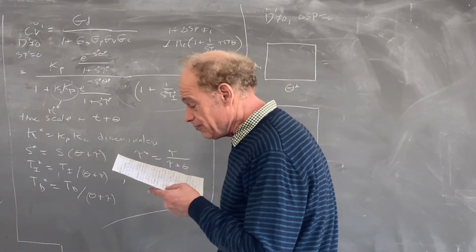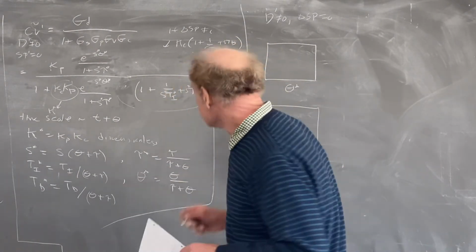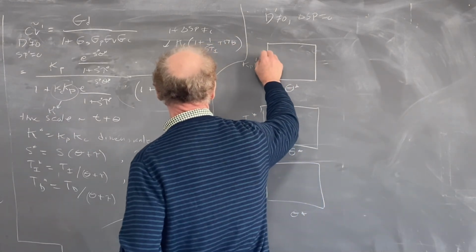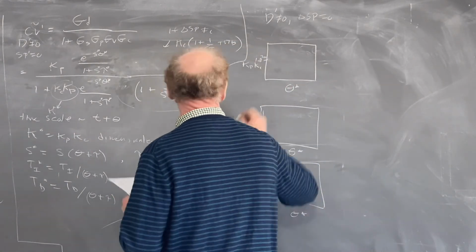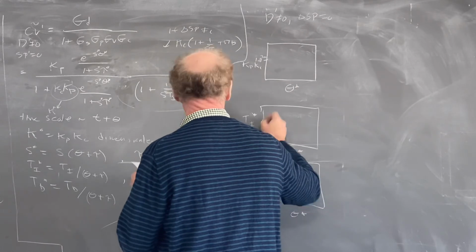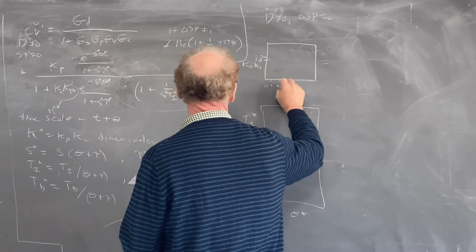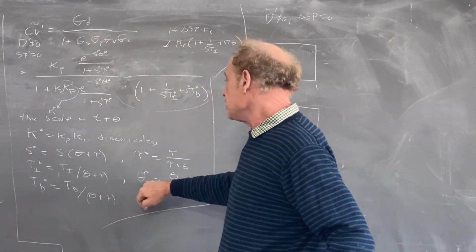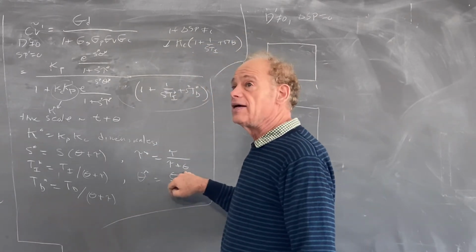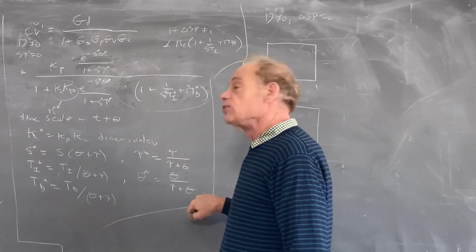So here is say 1.82, and this is about 0.1, 0.2, up to 1. Obviously, theta star, when theta is very big, the maximum value is 1.